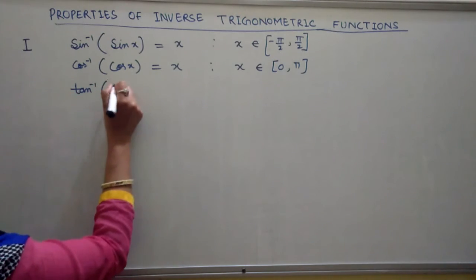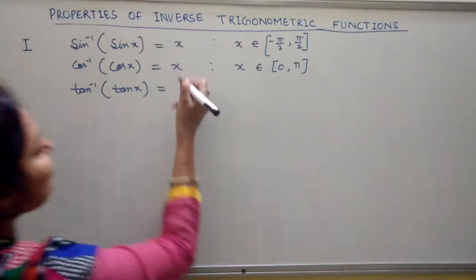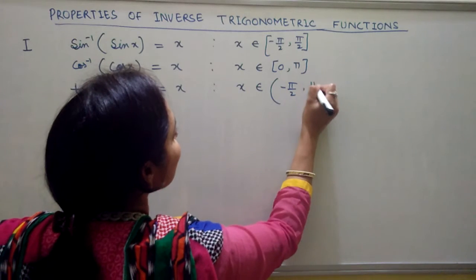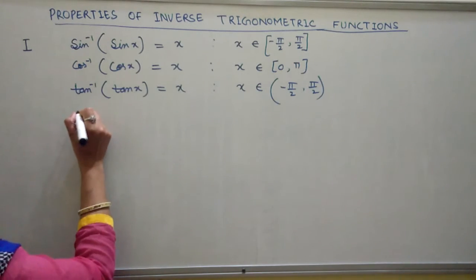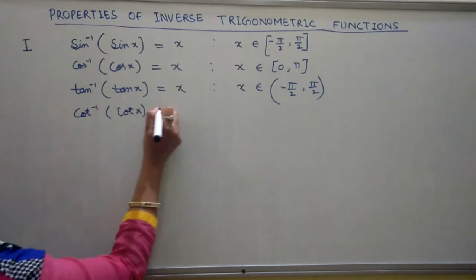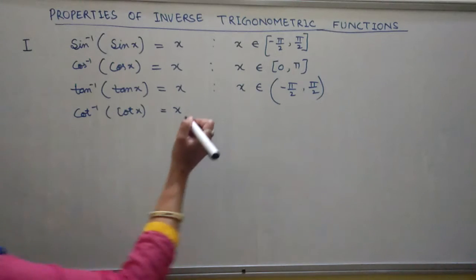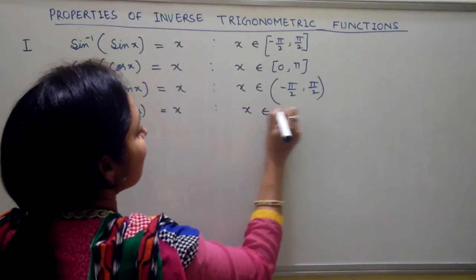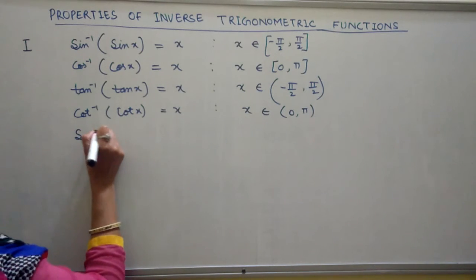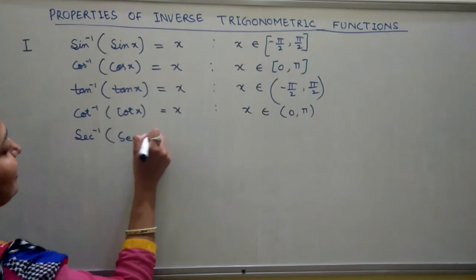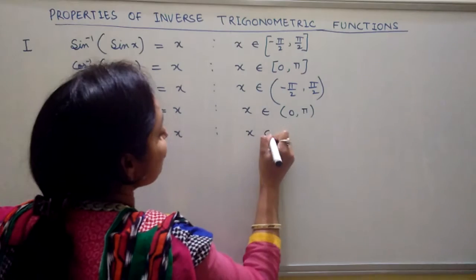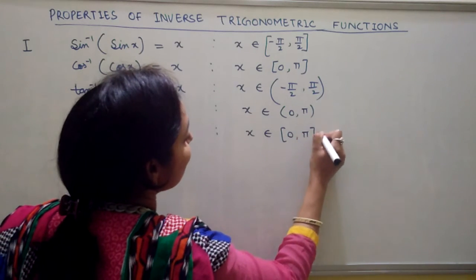Tan inverse tan x is equals to x if x belongs to the open interval minus pi by 2 to pi by 2, right? Cot inverse cot x will equal x if x belongs to the open interval 0 to pi. Okay, now come to secant inverse secant x, that will equal x if x belongs to 0 to pi minus pi by 2.